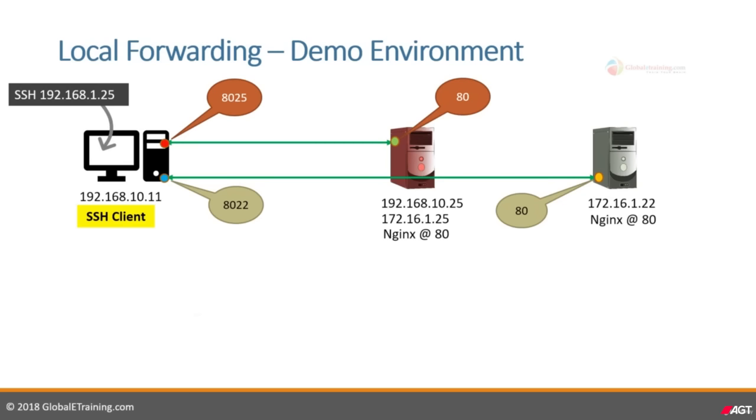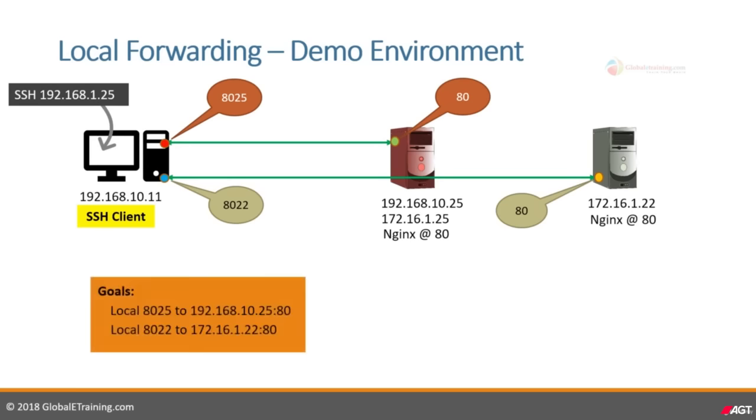One interface is on the bridge network and the other is on the NAT network. And the one on the right hand side ending in .22 is a machine on the NAT network, and it has Nginx running at port 80. In the same way, we have Nginx running on the jump server at port 80 as well. You can see those ports on the diagram.